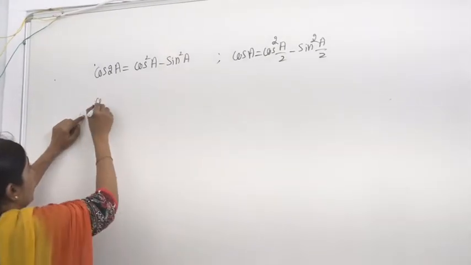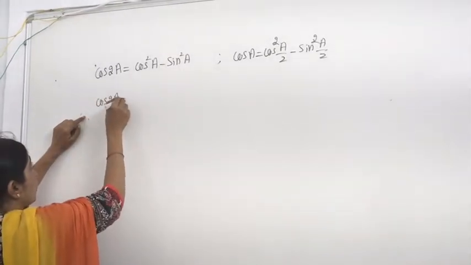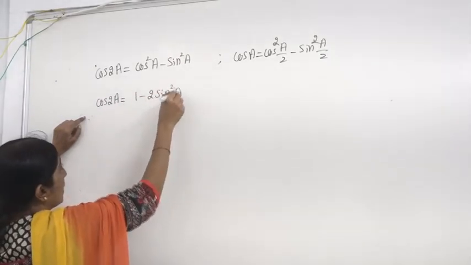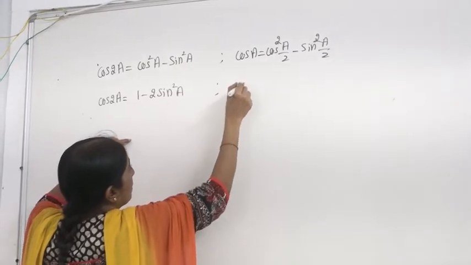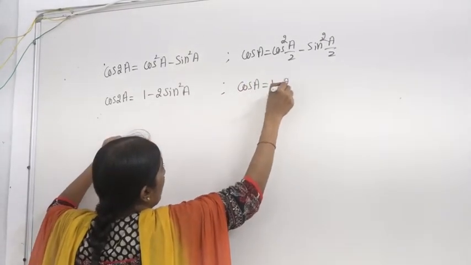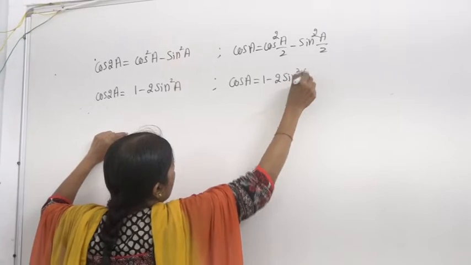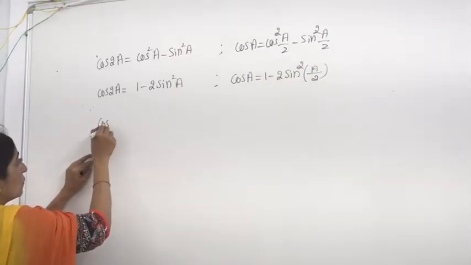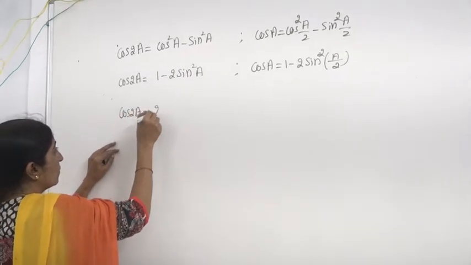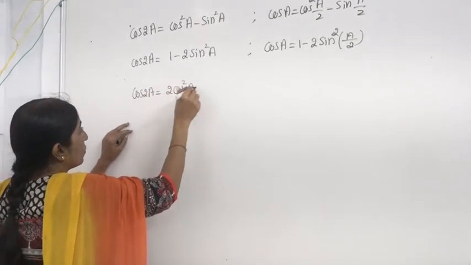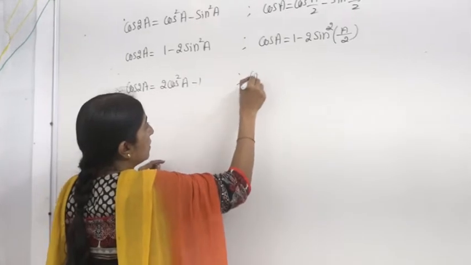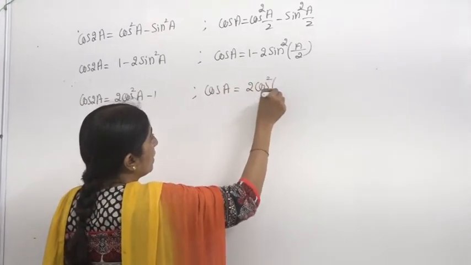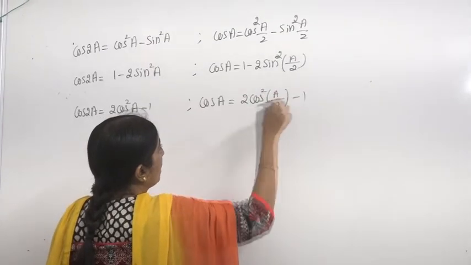And for cos 2A we have four forms. The next one is 1 - 2 sin²A, and exactly opposite, cos A = 1 - 2 sin²(A/2). Next, cos 2A = 2 cos²A - 1, so cos A = 2 cos²(A/2) - 1.